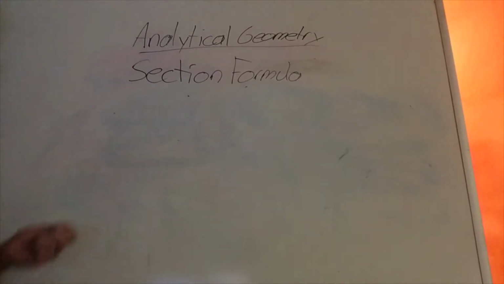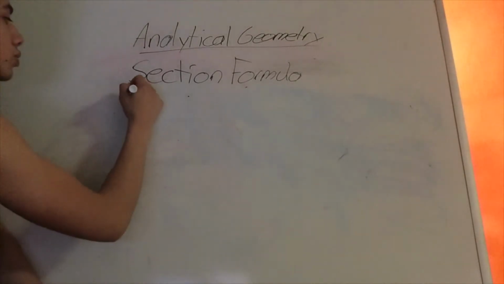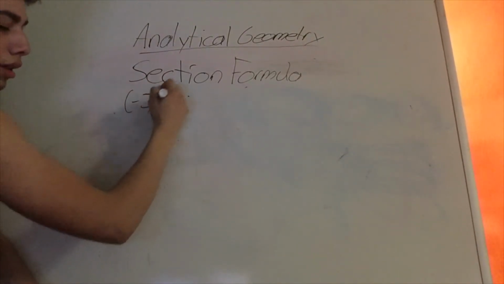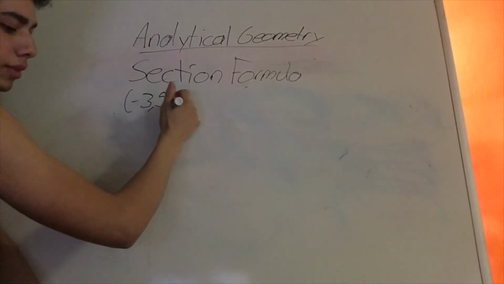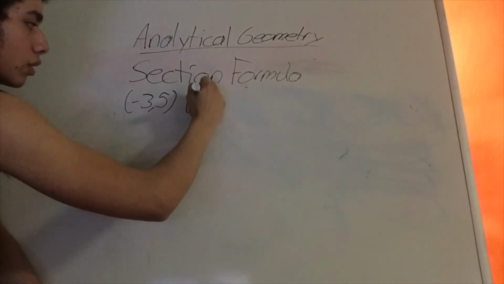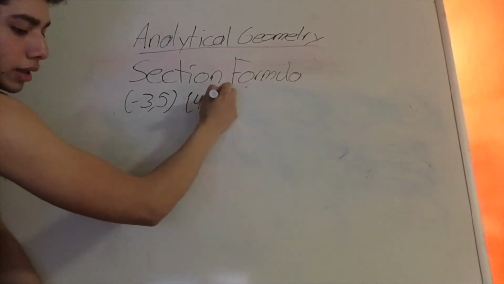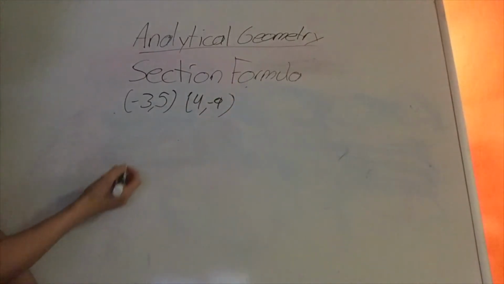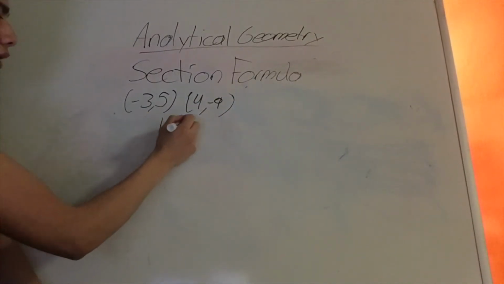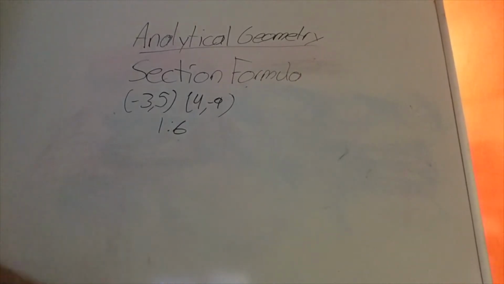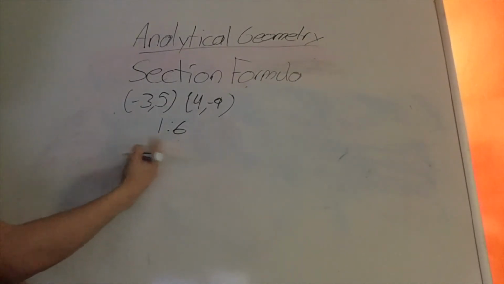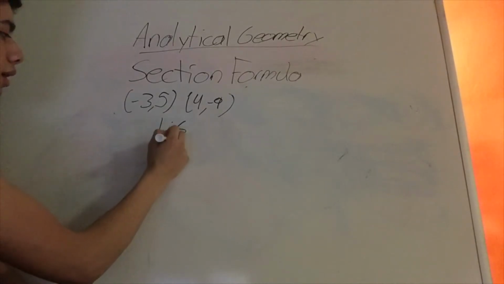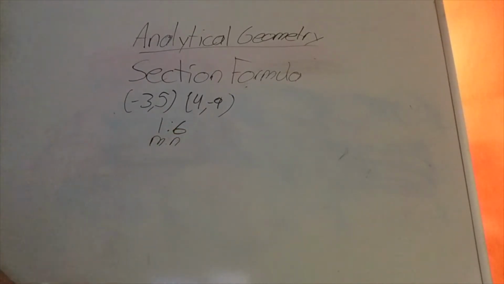So basically, in a problem, they will give you 2 points, such as we'll use (-3, 5) and (4, -9), with the ratio of 1 to 6. What they mean by the ratio of m to n is that the first number in the ratio will always be m, and the second will always be n.